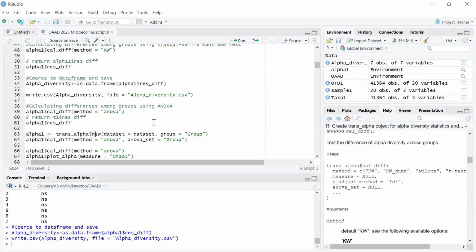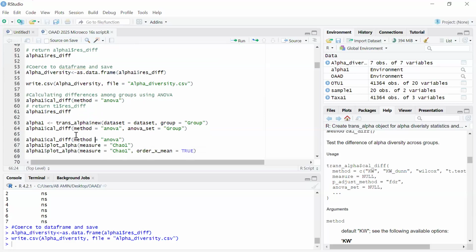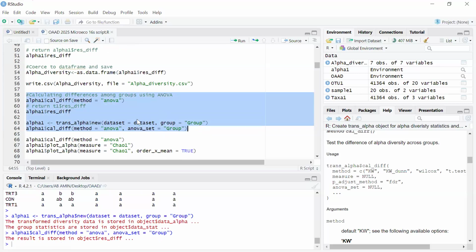So we can just run this 1, 2. So after running them, it will calculate. What it does here is that it calculates differences using ANOVA.